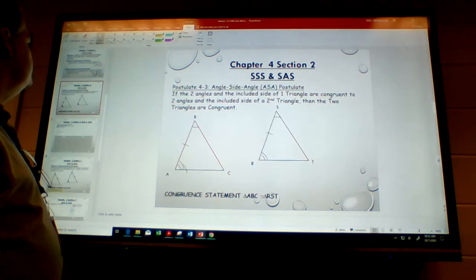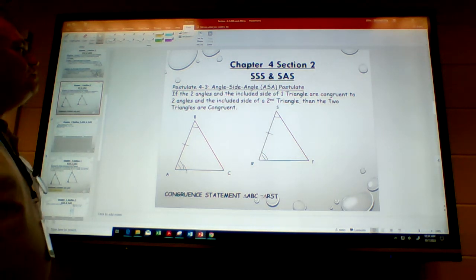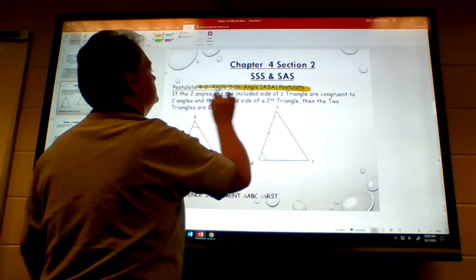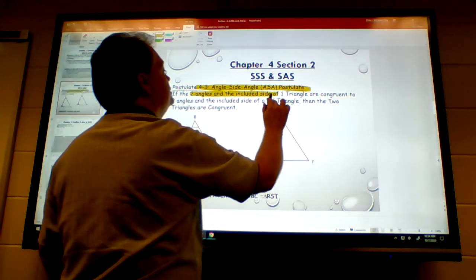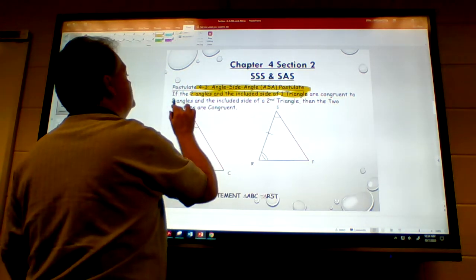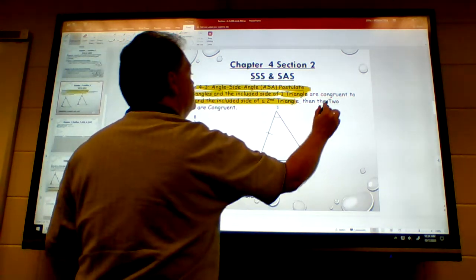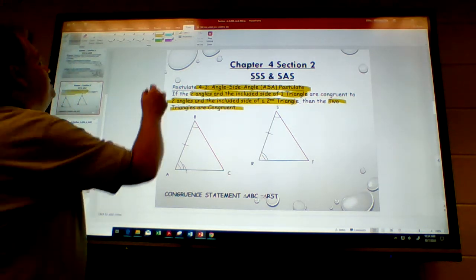All right. Now, the third one we're talking about is the angle side angle postulate, which says if you have 2 angles and the included side of one triangle congruent to 2 angles and the included side of the second triangle, then the 2 triangles are going to be congruent to one another. So here's what we have.